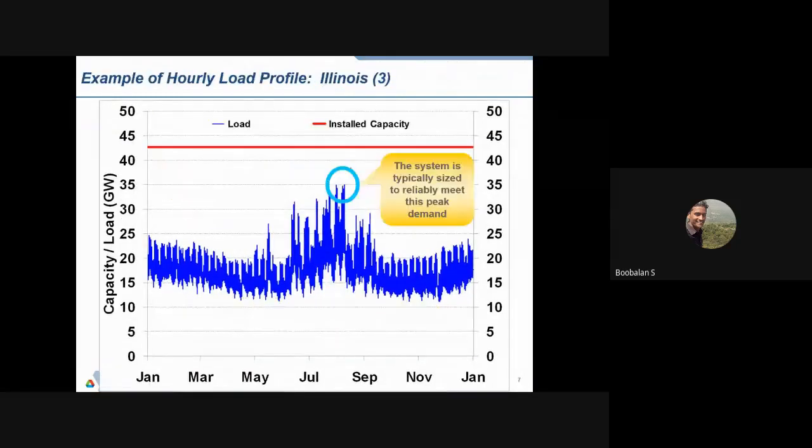In this peak load, the peak time and peak demand, our energy supply, the one who is generating more energy, will face more problems.